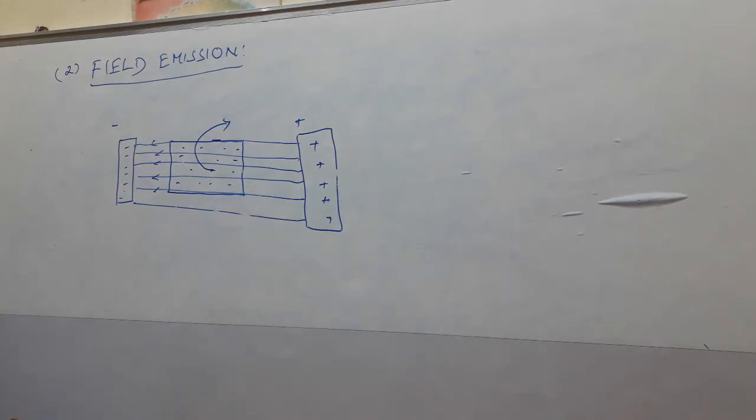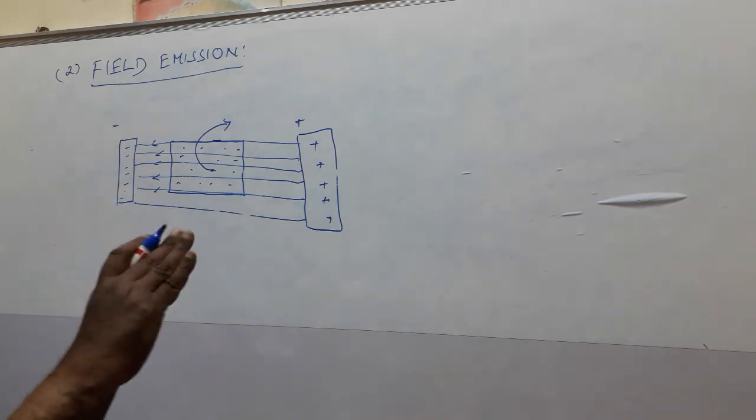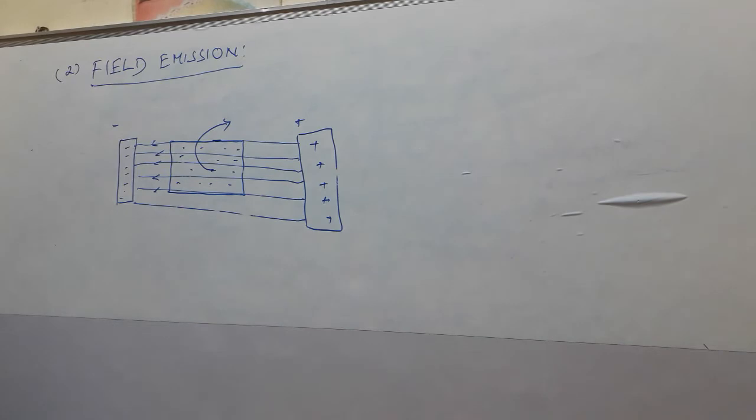An example of field emission is the electron microscope, the scanning electron microscope. What is meant by scanning? When you study an object which is converted into a signal, during that process we utilize a scanning process.